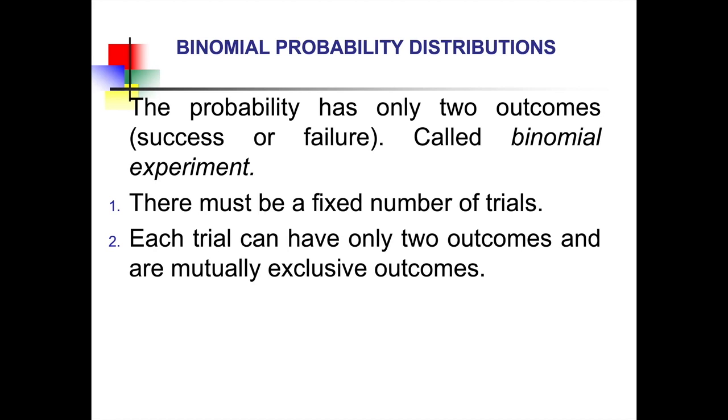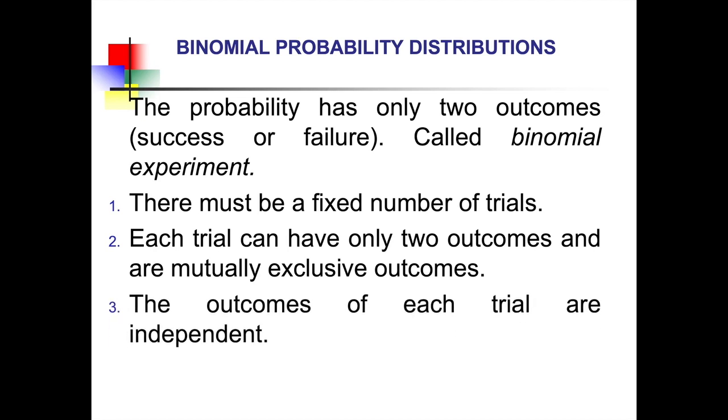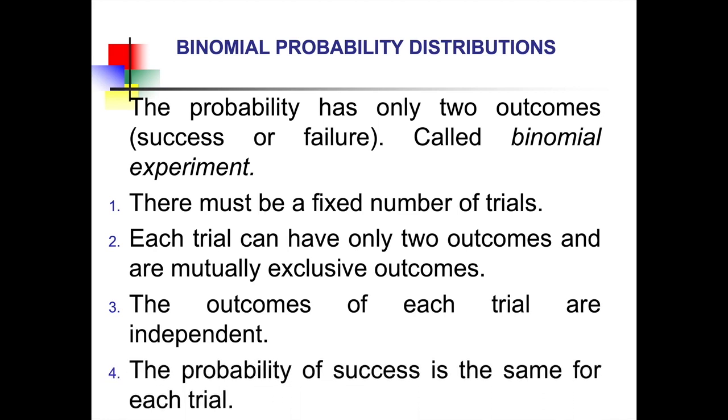The success of one possible outcome has nothing to do with another possible result. Meaning they are independent from each other, and that is actually the third one: the outcomes of each trial are independent. The last one: the probability of success is the same for each trial.